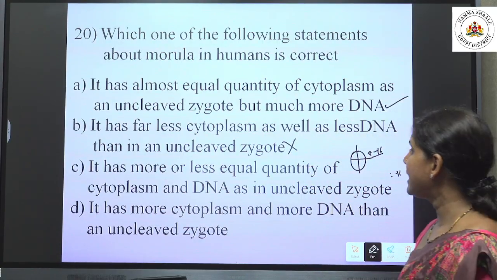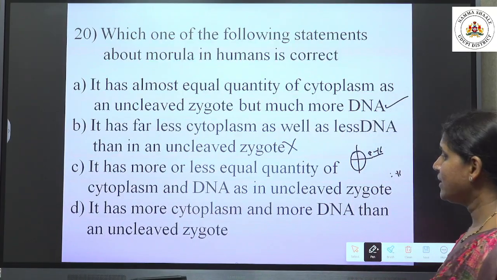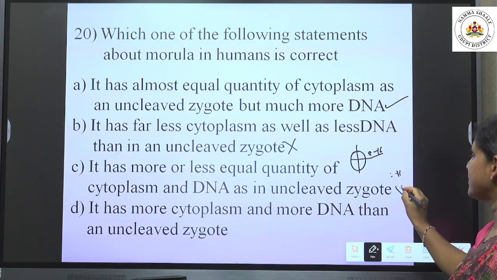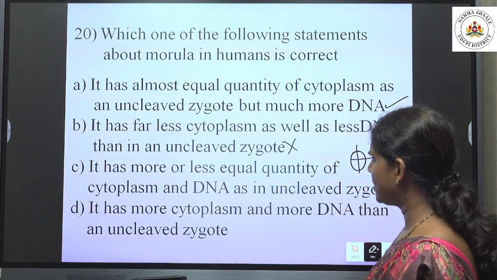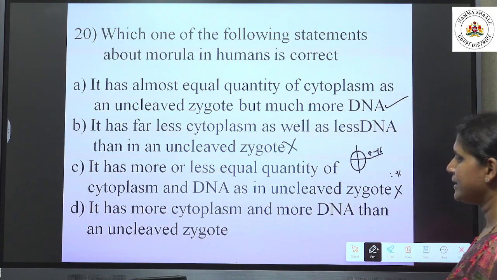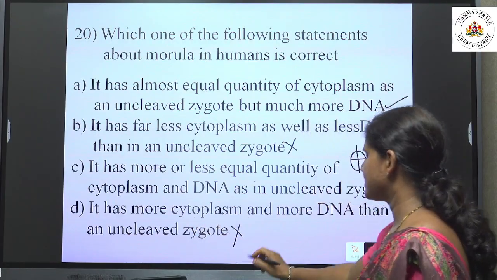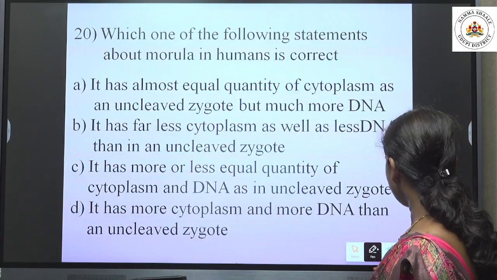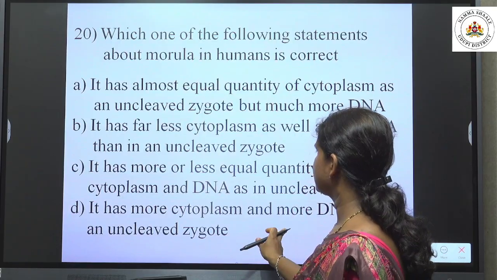The next option says equal quantity of cytoplasm and DNA as in the uncleaved zygote, but more DNA is present, so it is wrong. The last says more cytoplasm and more DNA than the uncleaved zygote. That is an equal amount of cytoplasm but more DNA. So hence option A is correct.